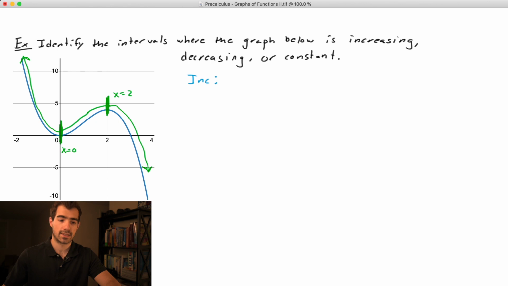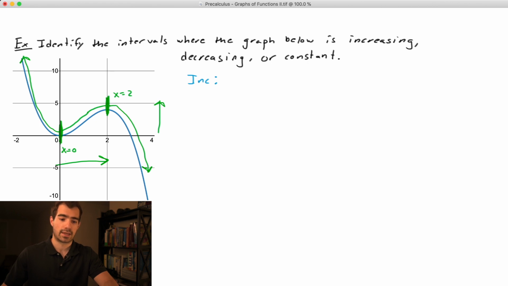And so we can see here that as we go from left to right, it's always important that we're looking from left to right. So notice that even though this arrow is pointing upwards, that's moving right to left, and so that doesn't count in this case, right? It's always moving from left to right that we care about. But what we can see is that in this span here, as we move from left to right, our function values are going up.